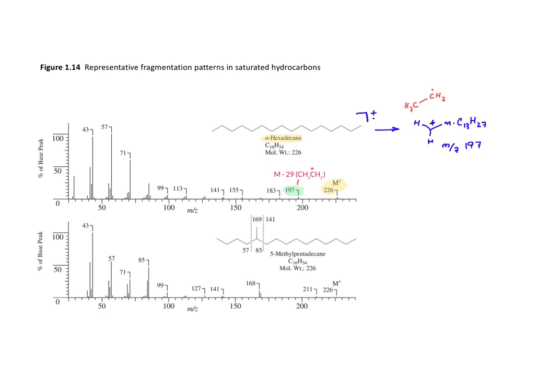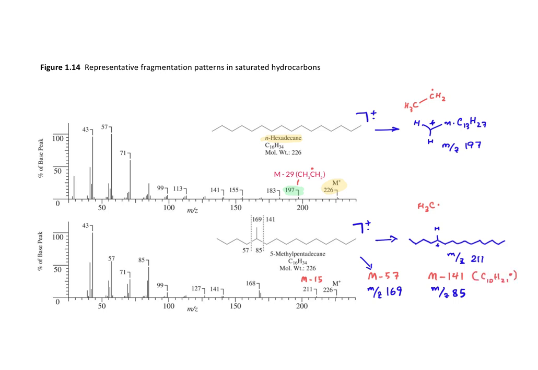For the branched hydrocarbon, we now see M-15 with loss of the methyl radical because the carbocation for mass over charge 211 is now secondary. Other secondary carbocations form from M-57, loss of a butyl radical, and M-141, which is loss of a 10-carbon radical.